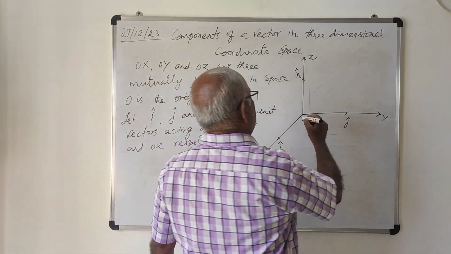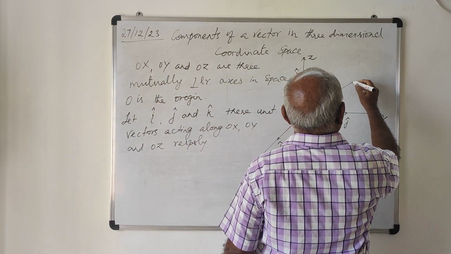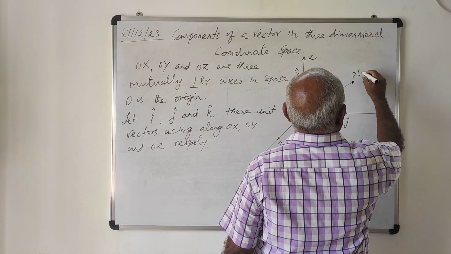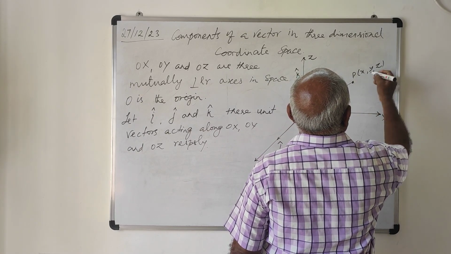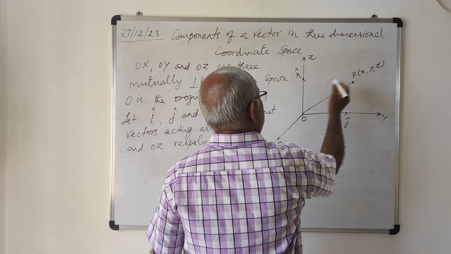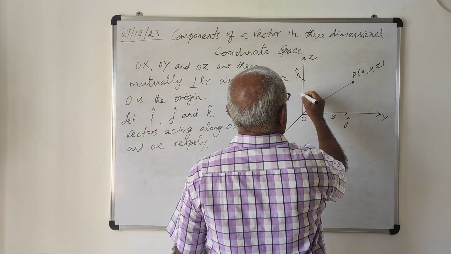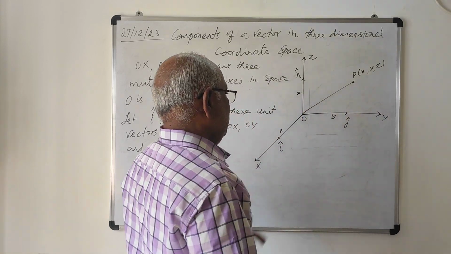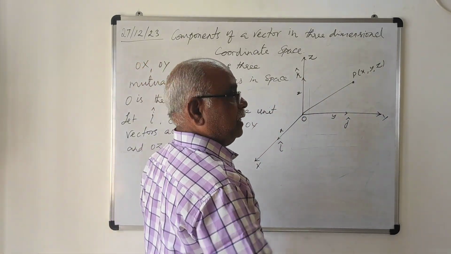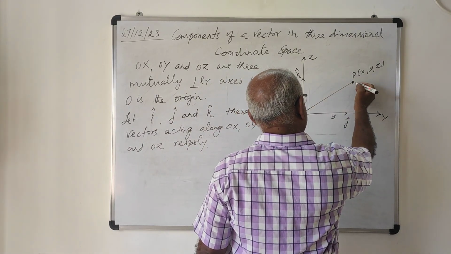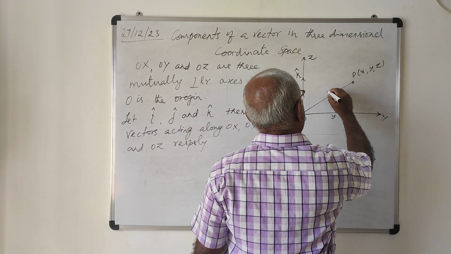So any point P (x, y, z) is any point. This is the x coordinate along the x-axis, y coordinate along the y-axis, z coordinate along the z-axis. P (x, y, z) is any point in space whose position vector from the origin O is OP.